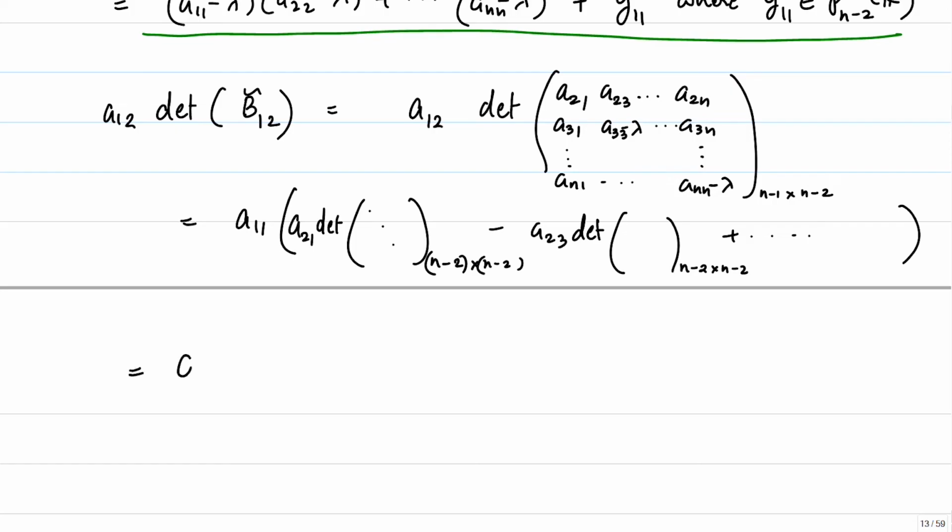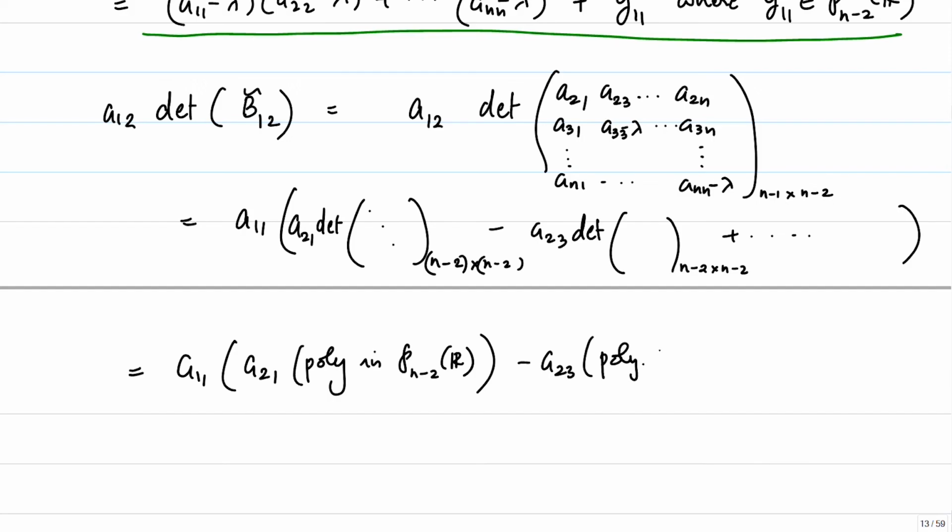So this is going to be A21 times some polynomial in P n minus 2 of R, plus, or rather minus, A31 times a polynomial in P n minus 2 of R. That's what matters, and so on. Everything will be like that.